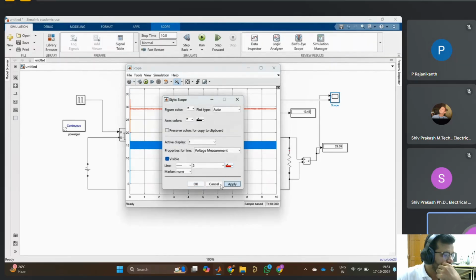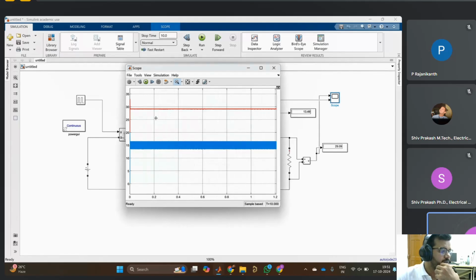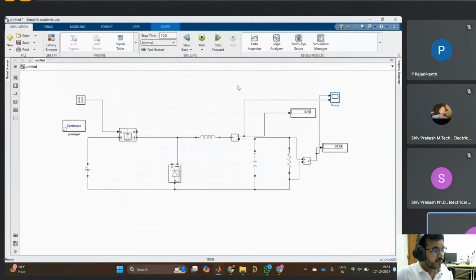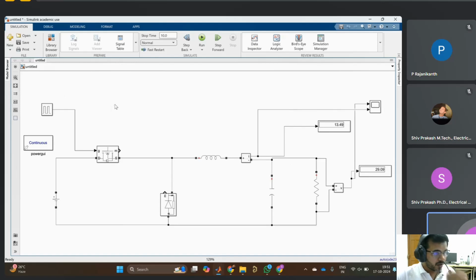Change the color of this one. Visualize this one. Okay.